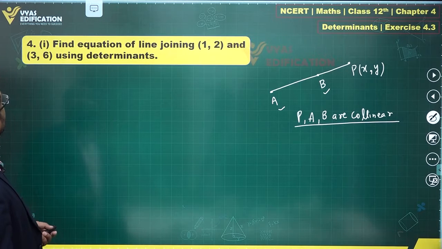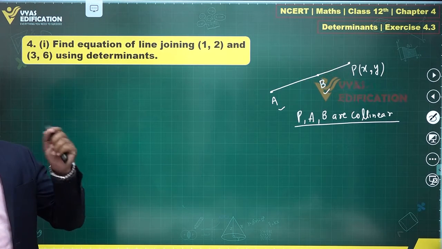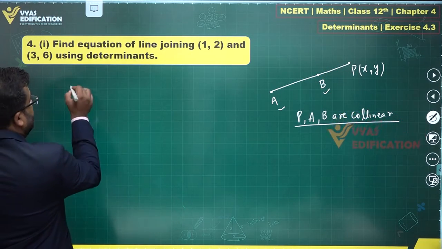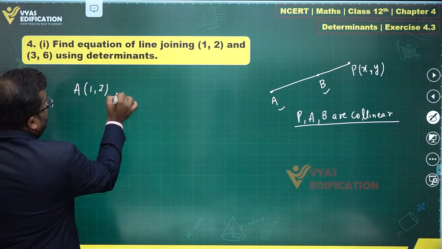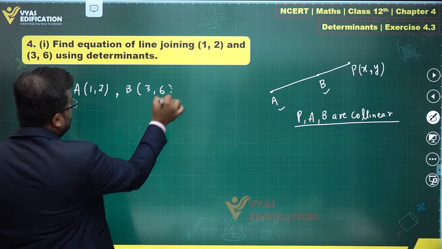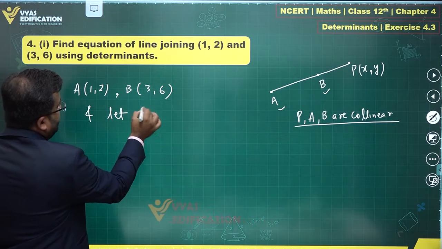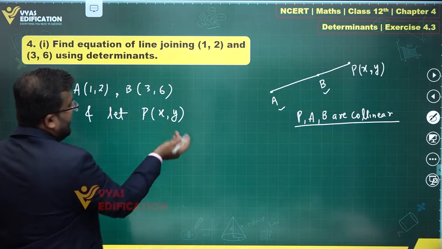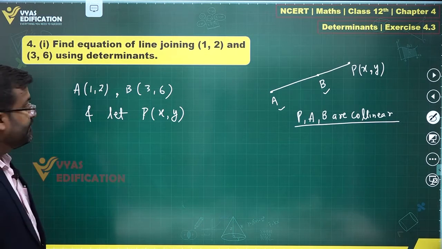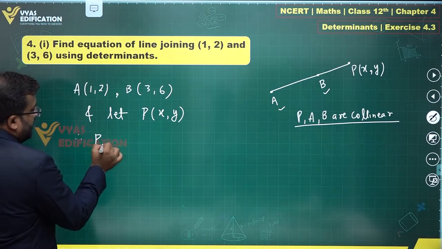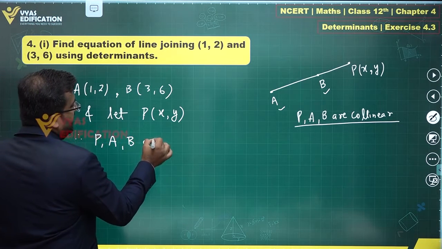What do we have? We have 1, 2, 3, 6 and another point, that is P x comma y. So we have A 1, 2, B 3, 6, and let P x comma y lie on the line. Therefore, P, A, B are collinear.